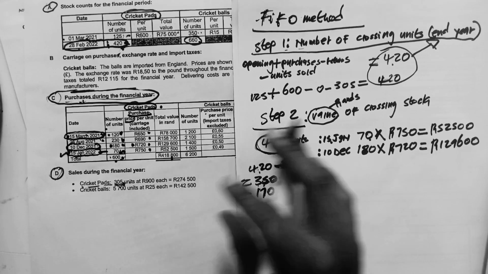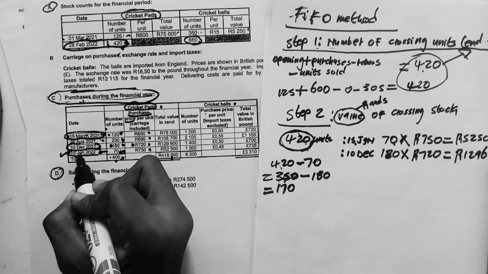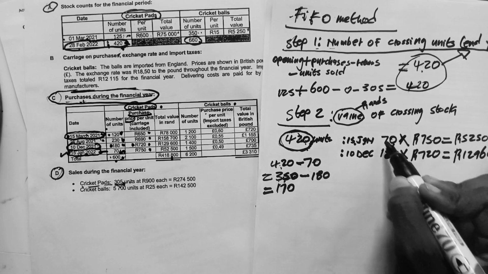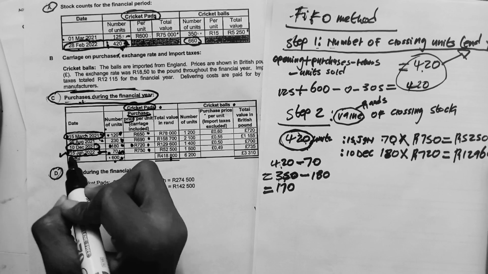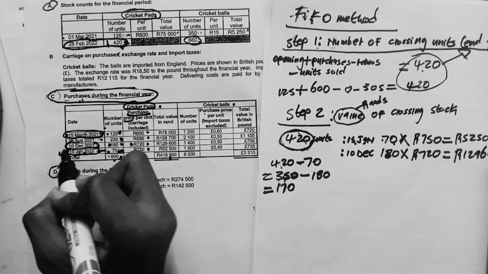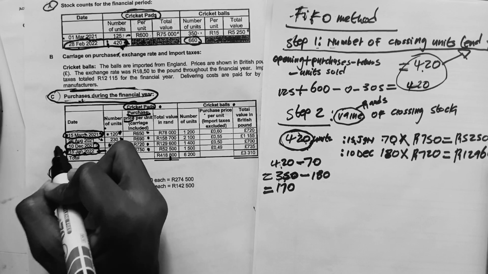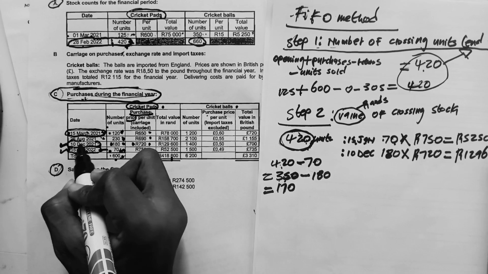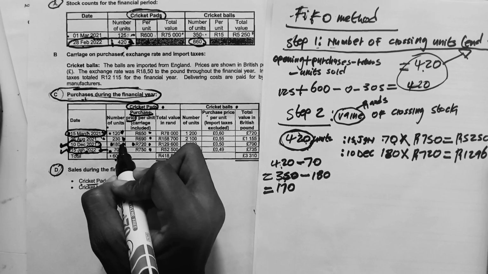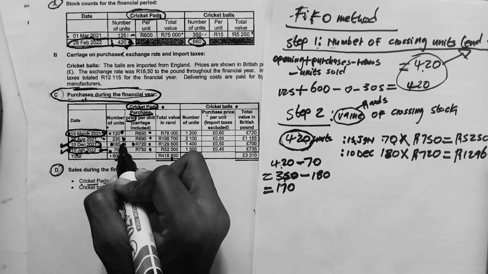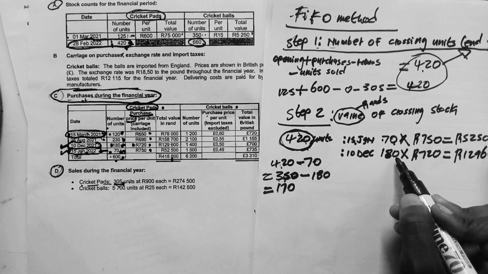You go back to your information. Okay, now we have dealt with 15 December, which is 70. We have dealt with 10 January, 15 January. Then we have dealt with 10 December 2022, which is 180.